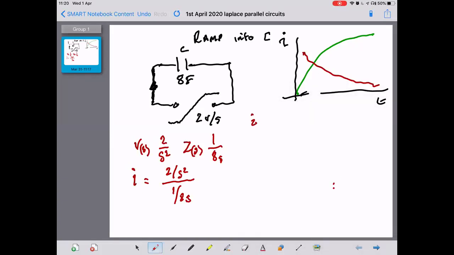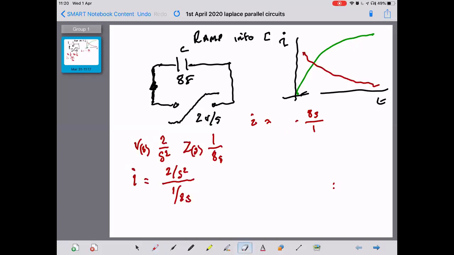So that's I is equal to 2 over S squared times 8S over 1.